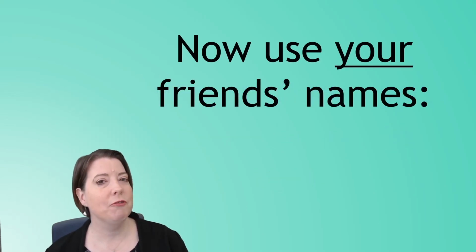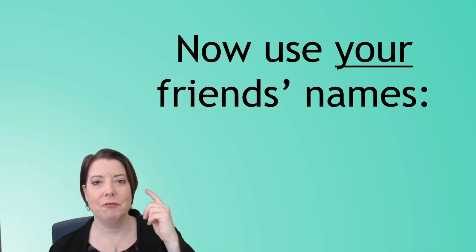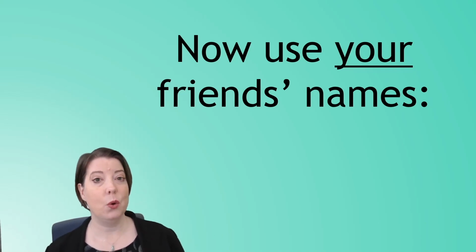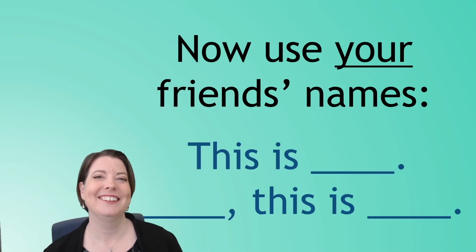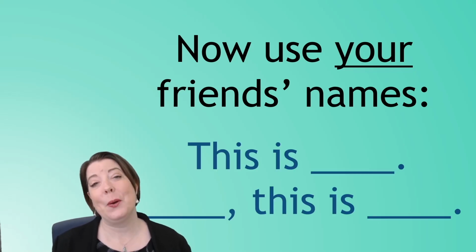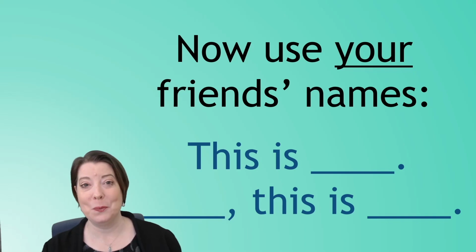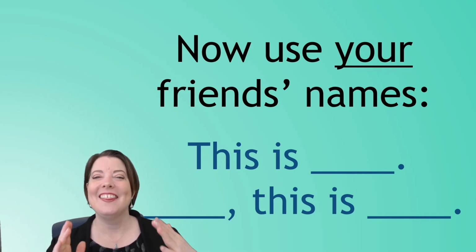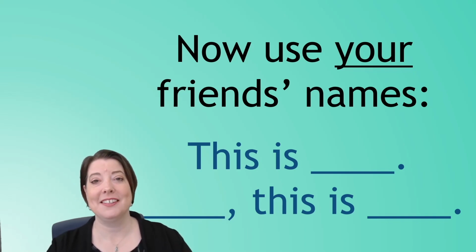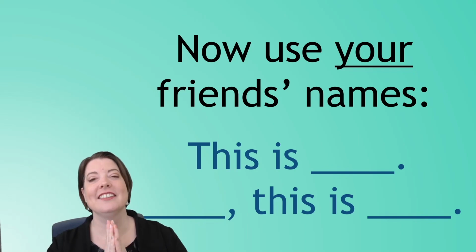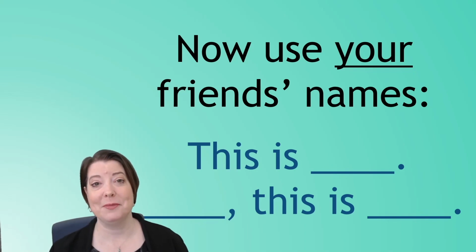Now use your friends' names. Think of 2 friends, Gildong and Kangwoo, maybe. So this is Gildong. Gildong, this is Kangwoo. Think of your friends' names and say it with your friends' names.